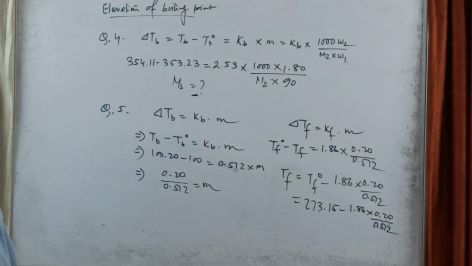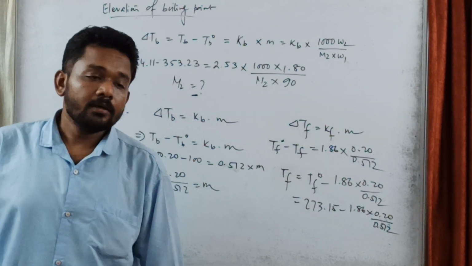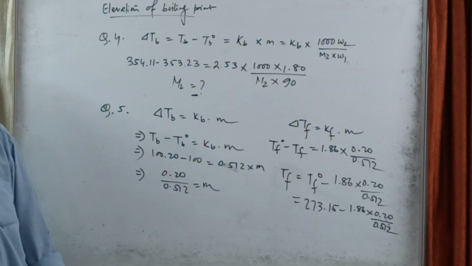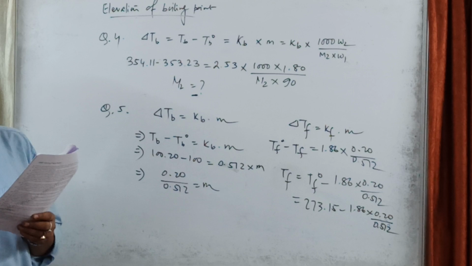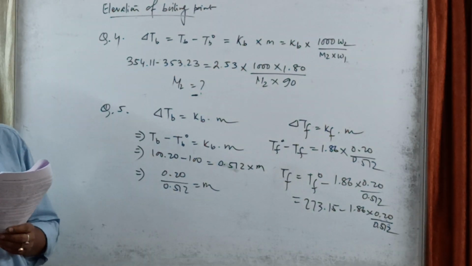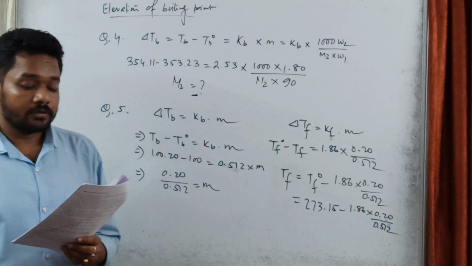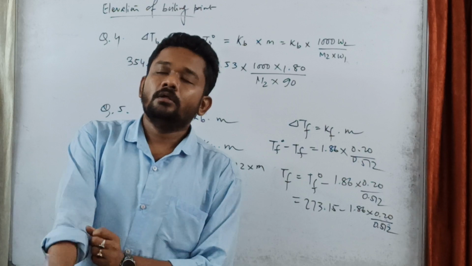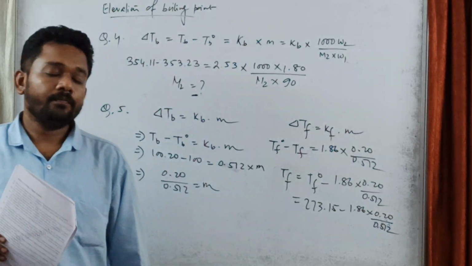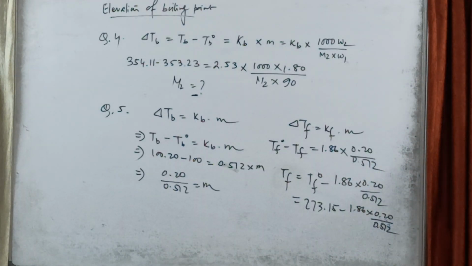Question number 7: the elevation of boiling point will not be the same if 0.1 mole of NaCl or 0.1 mole of sugar is dissolved in 1 liter of water.